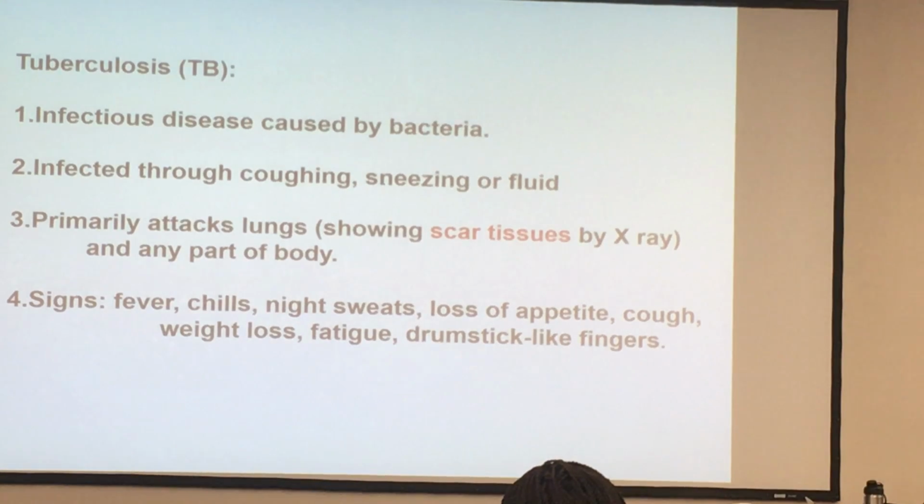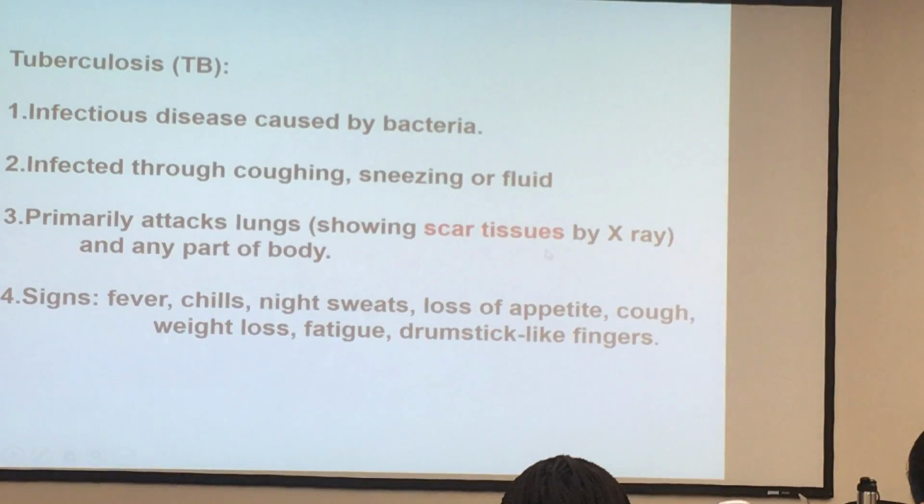Okay, say more about TB. It is caused by bacteria, and it can be infected through the air, by coughing or sneezing or any flu. The special thing is that after an attack, it will create scar tissue, a black spot.